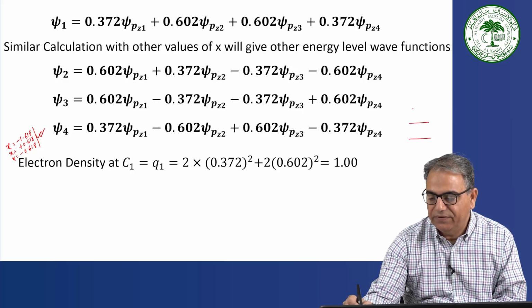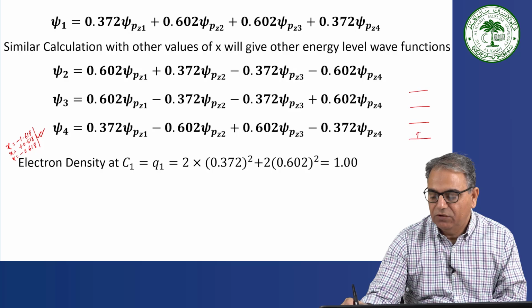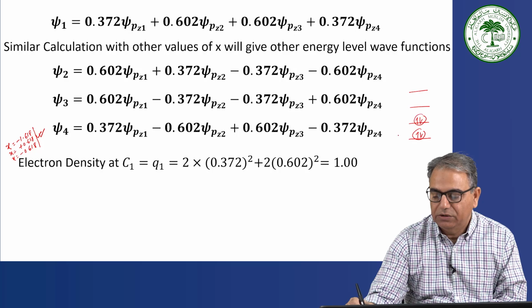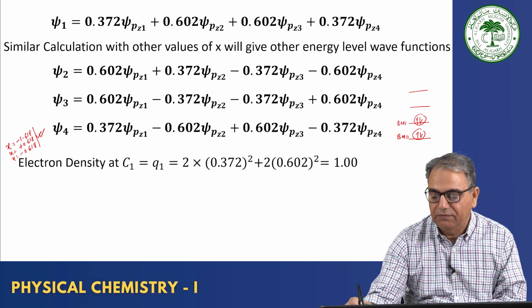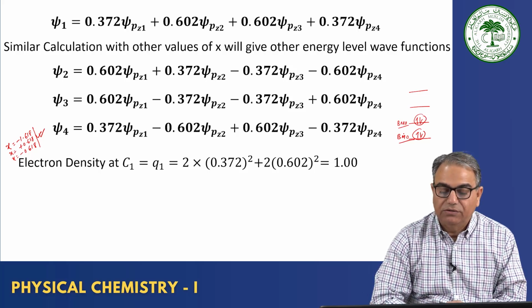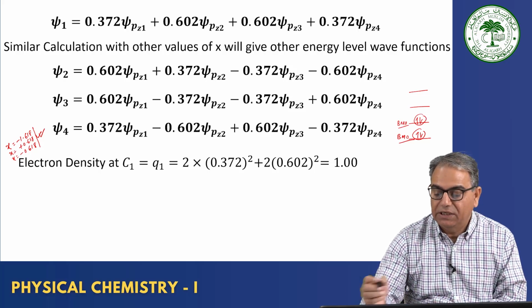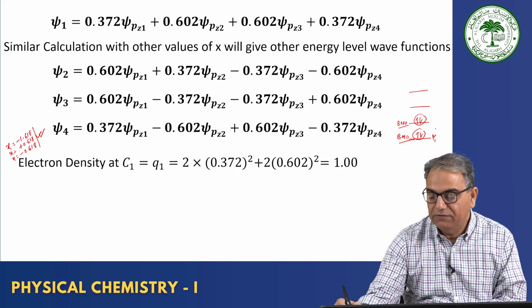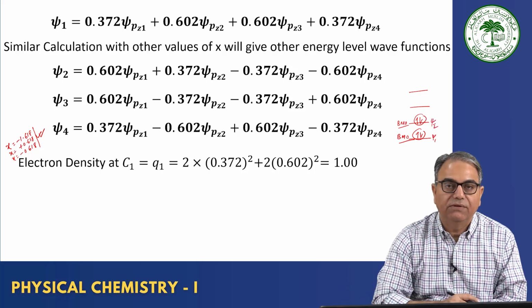We have four different energies, two bonding and two anti-bonding molecular orbitals. The two bonding molecular orbitals are occupied by two electrons each. So these are bonding molecular orbitals, and I have talked about their energy in the energy level diagram. The wave functions are also known, psi1 and psi2.